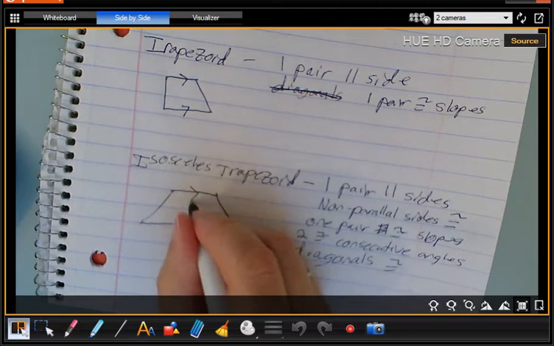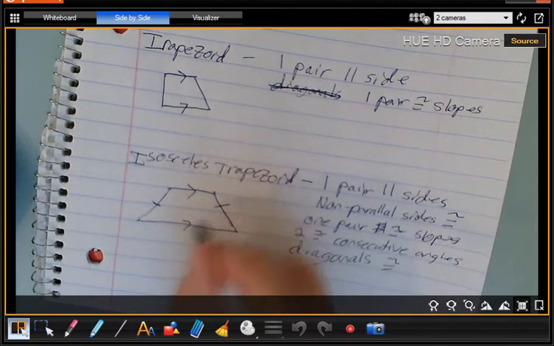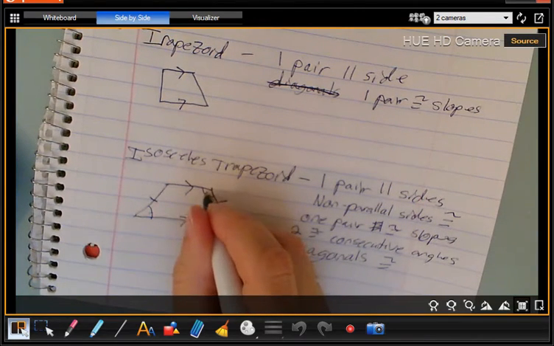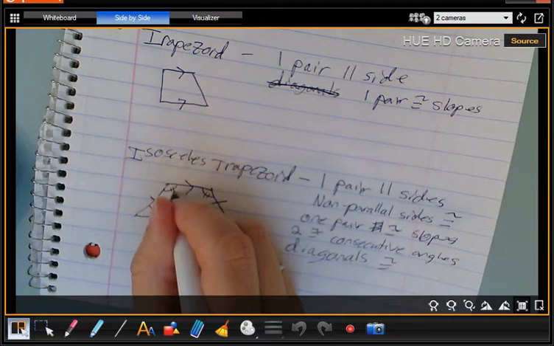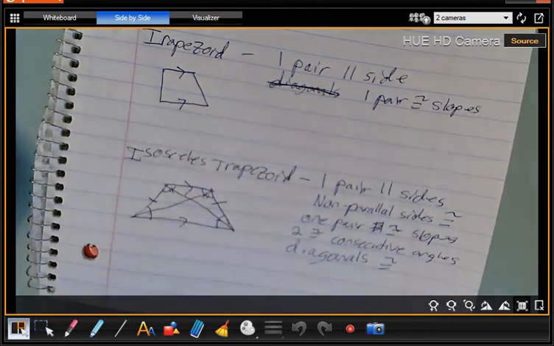We've got one pair of parallel sides, one pair of congruent sides. These angles are congruent, and then these angles are congruent. And my diagonals, I'm not sure how to draw this other than to draw them in, are equal to each other. They do not bisect.